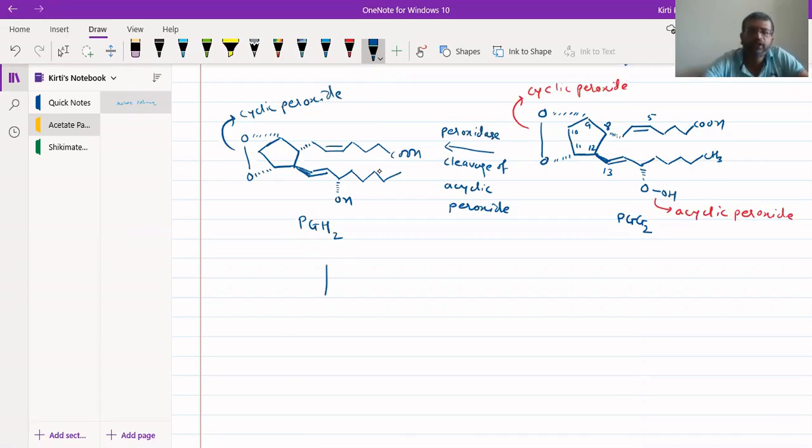Then this cyclic peroxide can undergo cleavage, or opening of the cyclic peroxide can happen via homolytic cleavage. So we can have an opening of cyclic peroxide via homolytic cleavage.